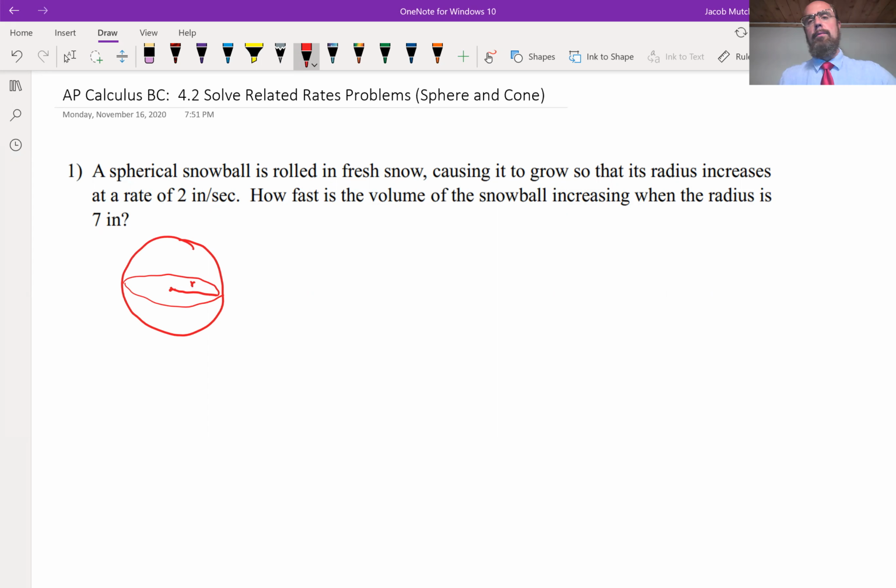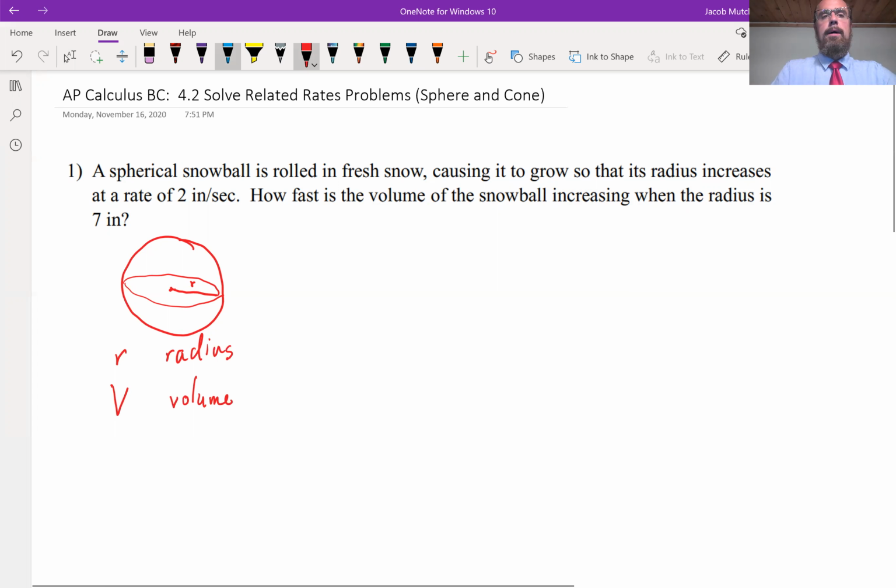It's that length from the center of the sphere out to the edge of the sphere. So definitely one of my variables is going to be r, the radius. And then based on what the question's asking, how fast is the volume, I know one of my other variables is going to be volume. In fact, just those two, radius and volume.